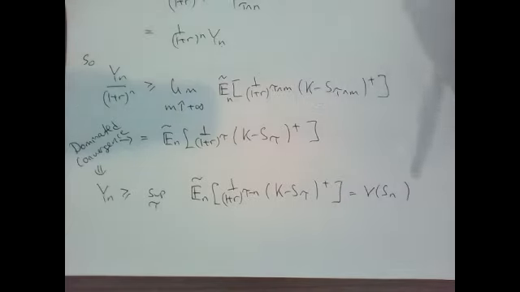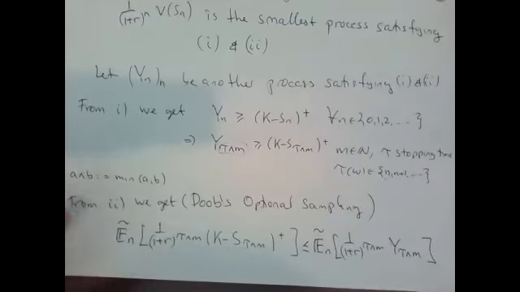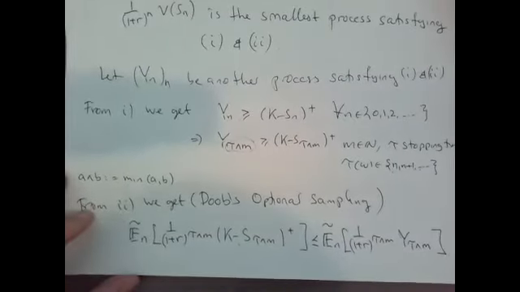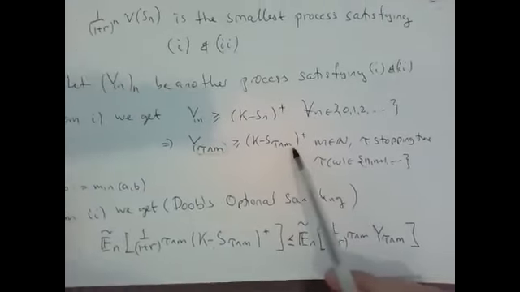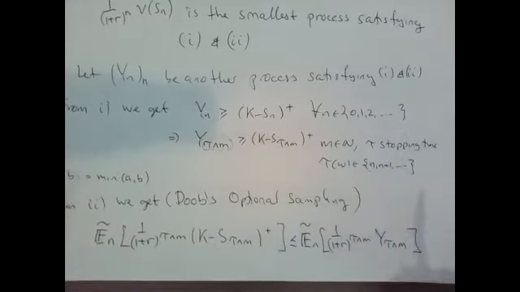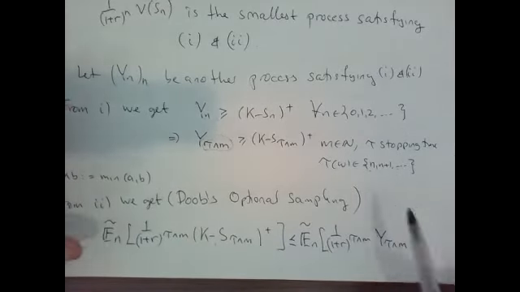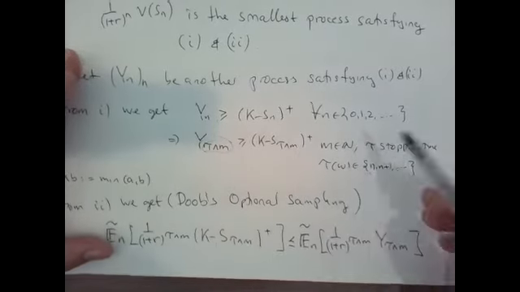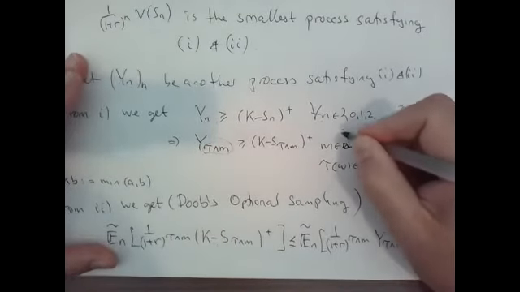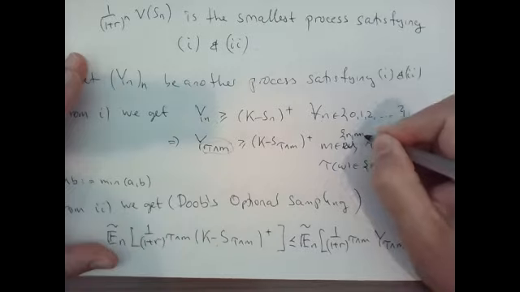Sorry, I'm just wondering what's the difference between n and m? It's just because m here is something that we're ultimately going to pass off to infinity. You can take m to be something that is bigger than n.